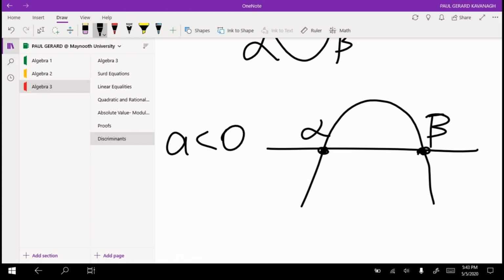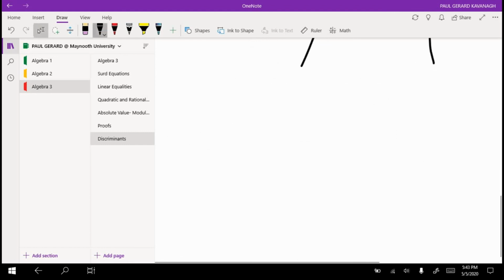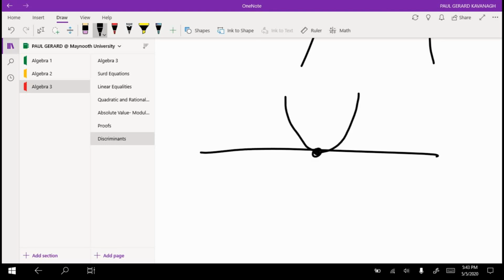Okay, so now if it's equal to 0, then what you're going to see is that it lies right on here, where you have point alpha. And that's when a is greater than 0, and if it's less than 0, then it's going to invert itself.